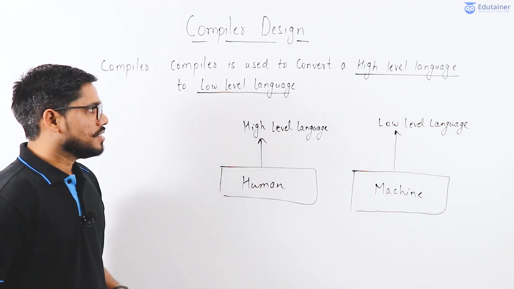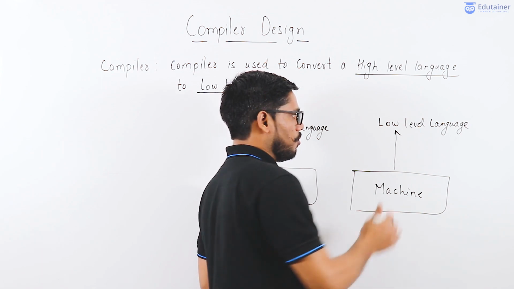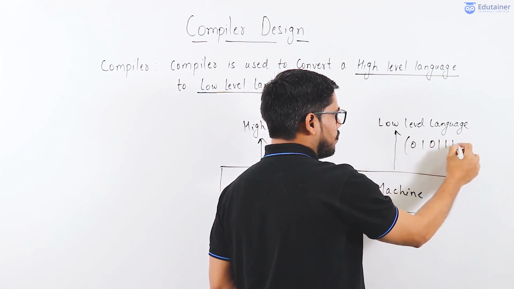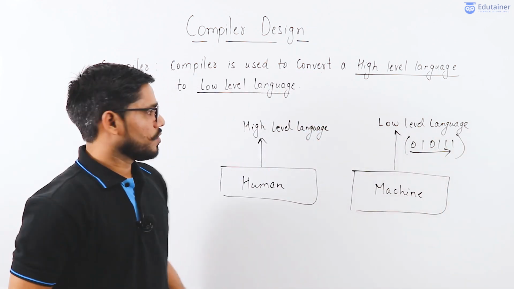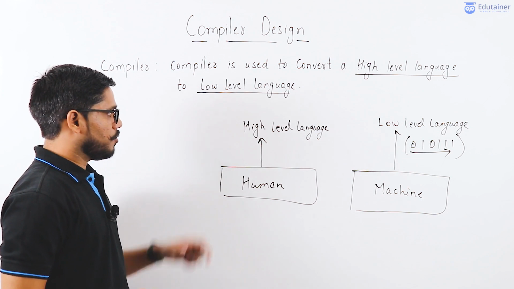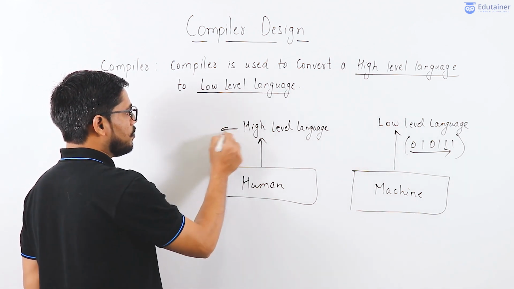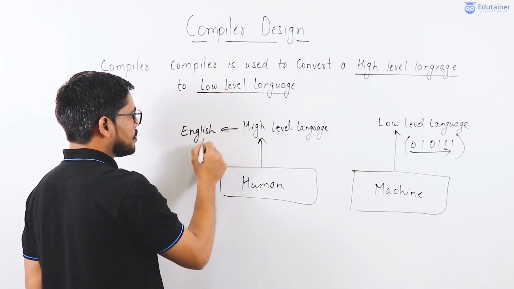Because all the code in low level language is written in binary form, meaning zeros and ones. And we human beings do not understand these binary numbers easily. That's why we write every program in high level language. High level language is a kind of English-like language.